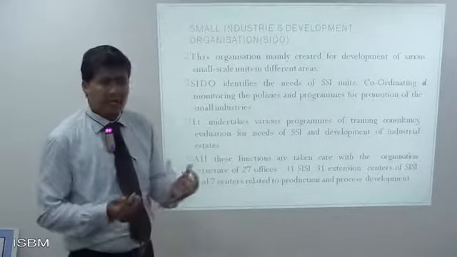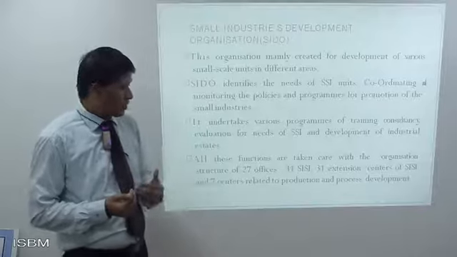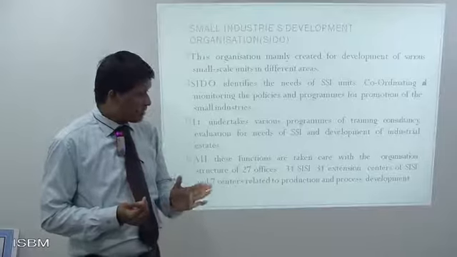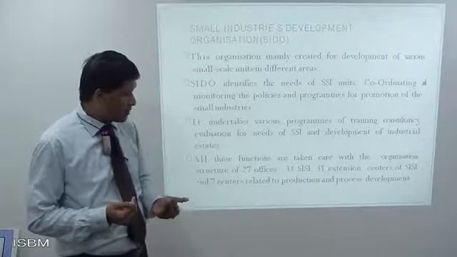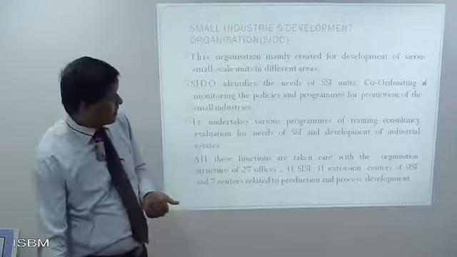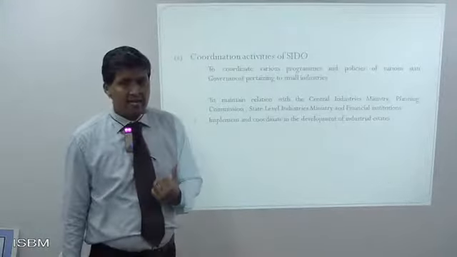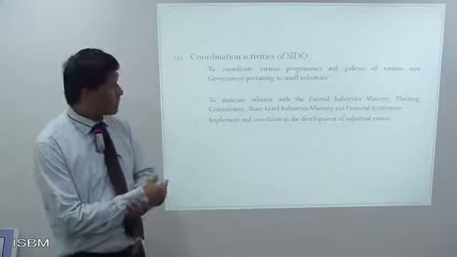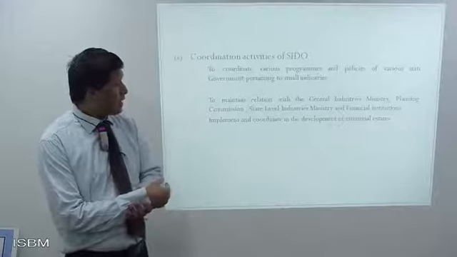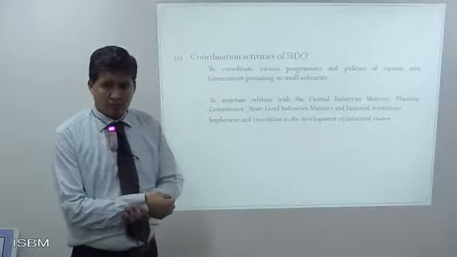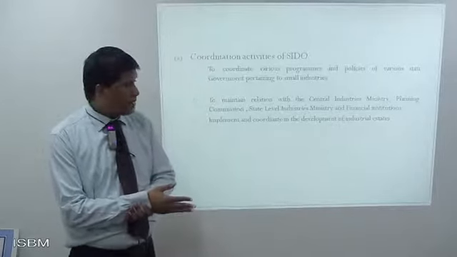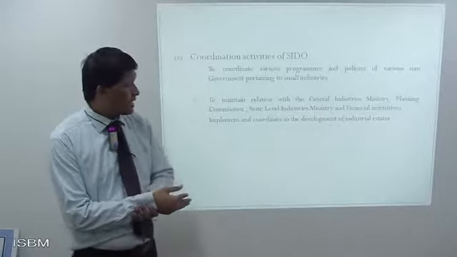All these functions are taken care of by the organization structure with 27 offices, 31 SISIs, and 31 extension centers, so that the process of development could be initiated. The coordination activities of SIDO are to coordinate various programs and policies of various state governments pertaining to small industries, and to maintain relationship with central industries ministry, planning commission, state level ministries and financial institutions.